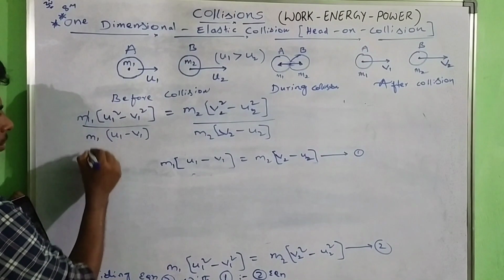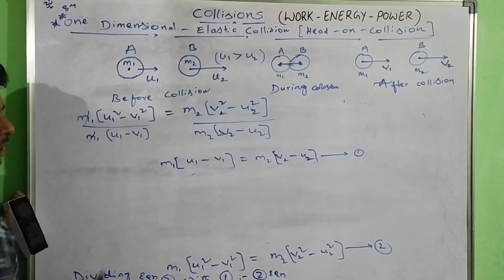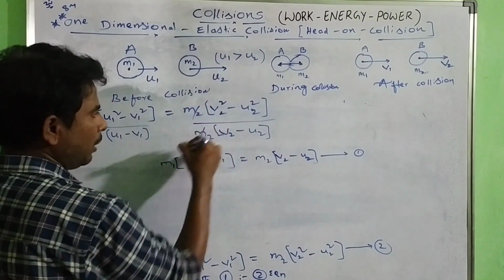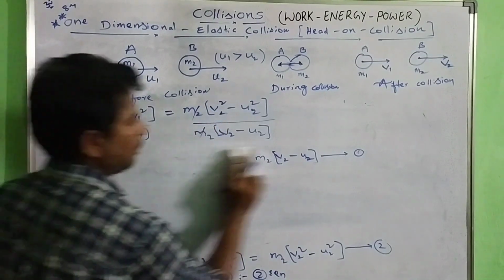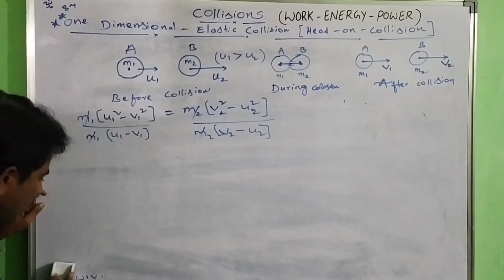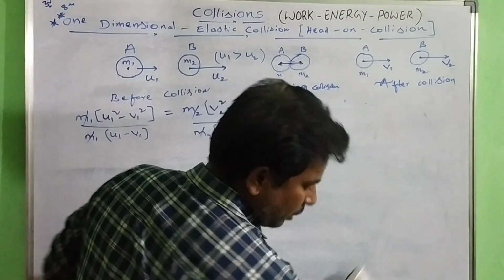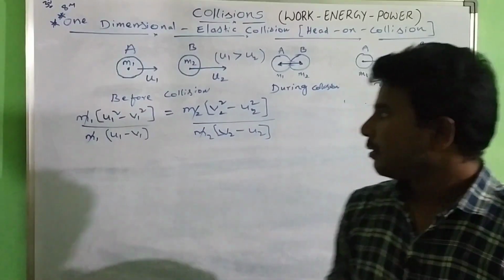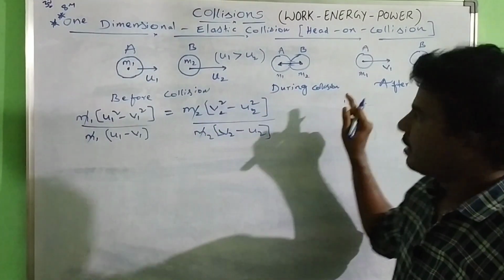Here m1 cancels and m2 cancels. The main explanation concerns the velocities of the bodies.